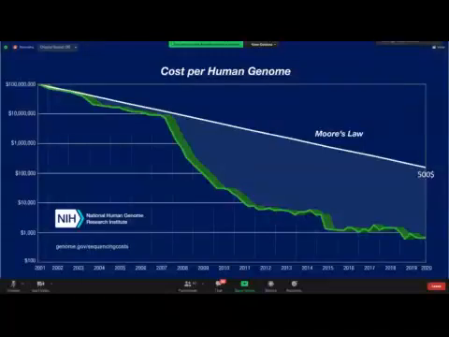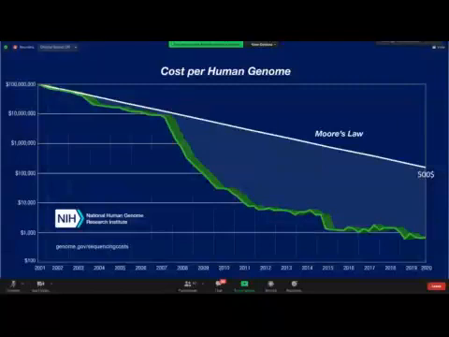But now from that 2001 till 2020, or basically 2021, because the figure that I have put at the end is $500, the latest one with 30x genome coverage. So out of so much cost, now we have reduced the cost of whole genome sequencing, and now we can do it in $500 for whole genome and $300 for whole exome.